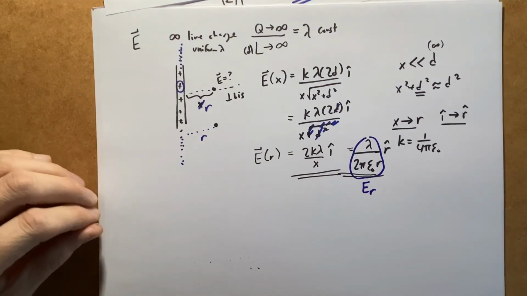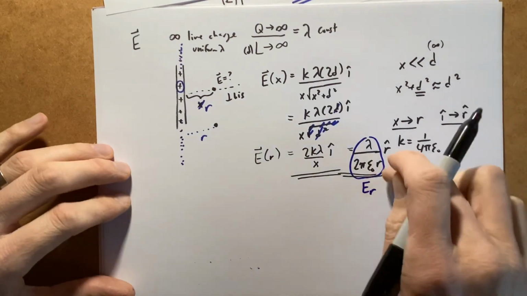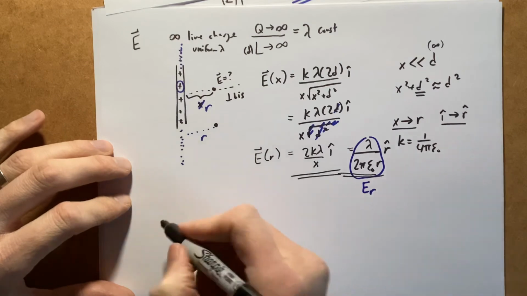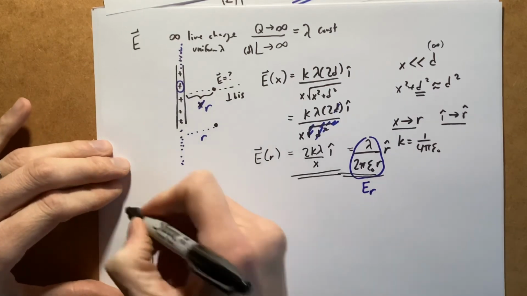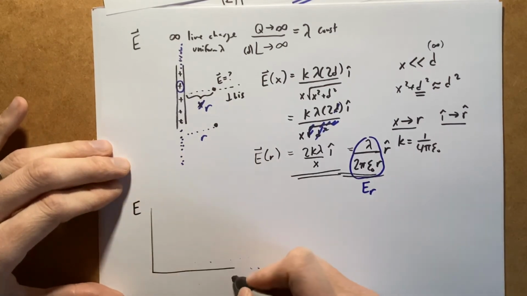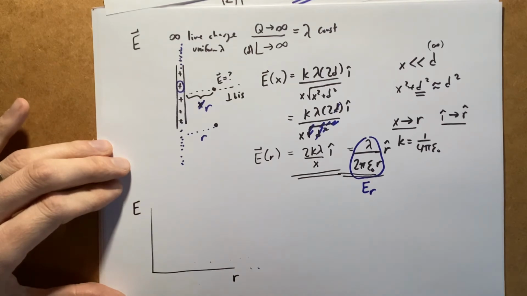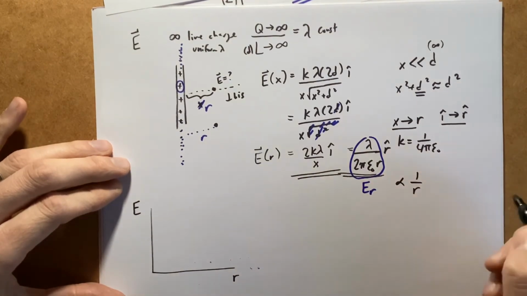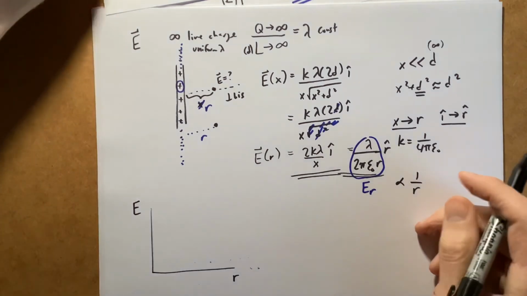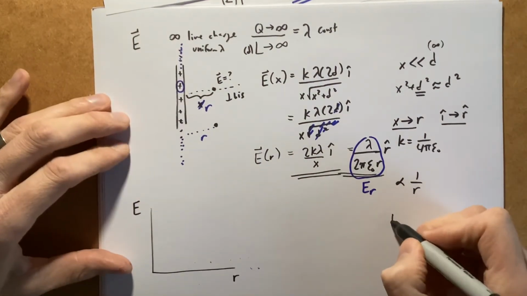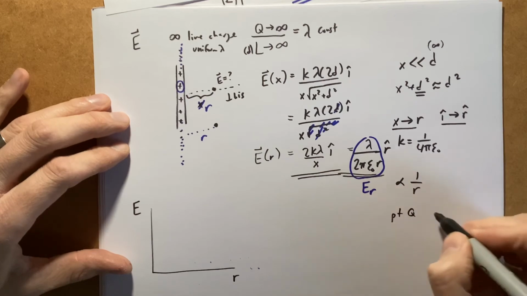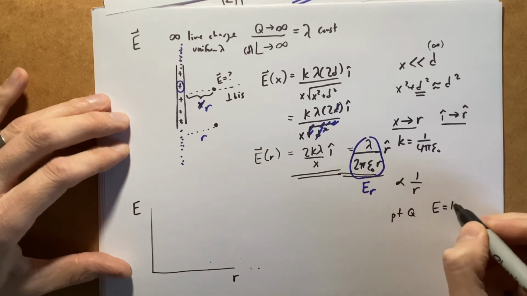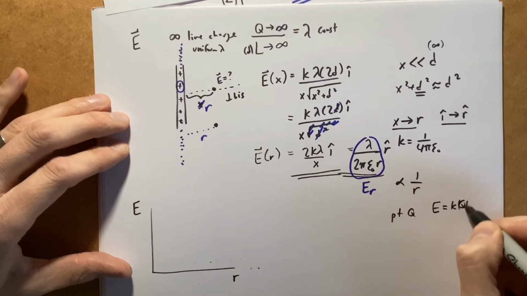So let's explore a little bit about this formula. If we're going to draw the magnitude of the electric field as a function of r, this is actually proportional to 1 over r, and that's in contrast to the point charge. The point charge, as we know, E equals kq over r squared.